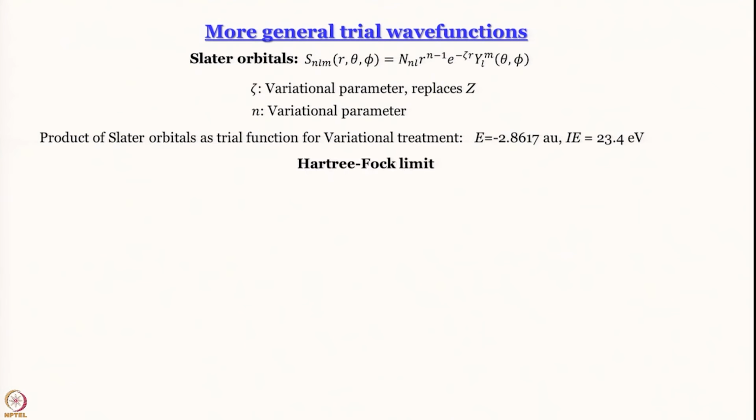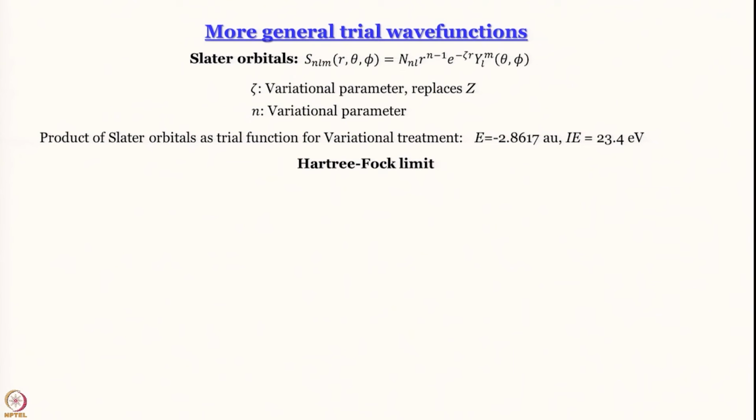So, this is sort of a limit which is called the Hartree-Fock limit, and for the first time in this course we take the name of Hartree and Fock, and in the next 1 or 2 modules we are actually going to discuss in as much detail as we can the Hartree-Fock approach to this many electron problem. For now let us just say that this is the Hartree-Fock limit that one can reach using this kind of an approach.